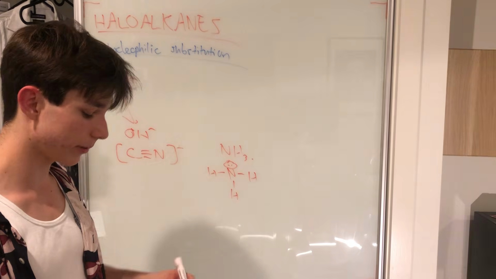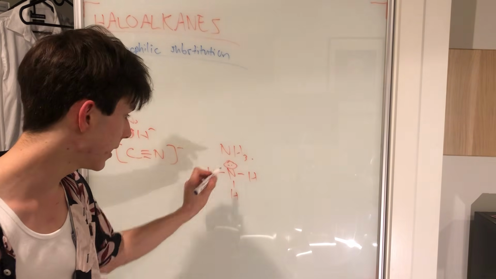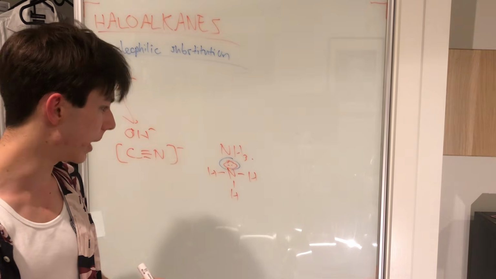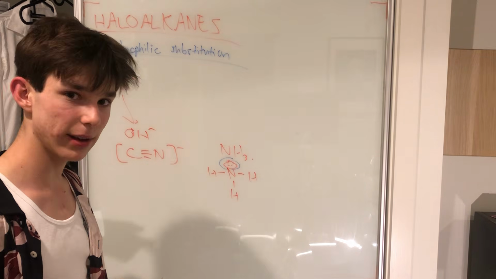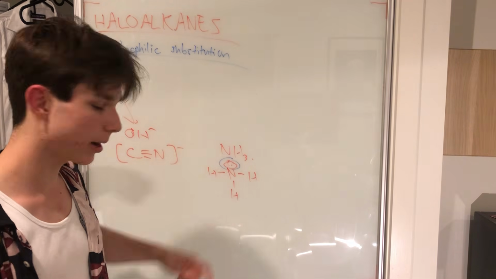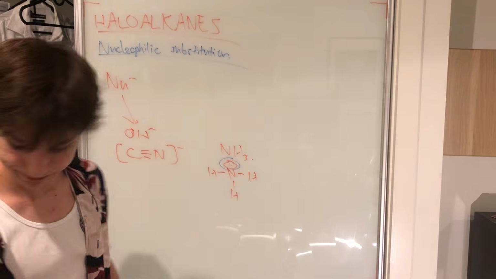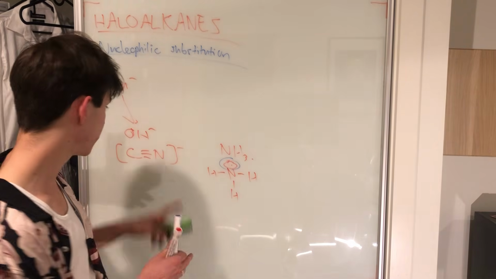This part of ammonia is still negative. It's 2 electrons with nothing else there. And as it turns out, because it's negative, it really likes positive stuff. So that non-bonding pair of electrons makes ammonia a nucleophile, even though it doesn't necessarily have a negative charge like these guys.